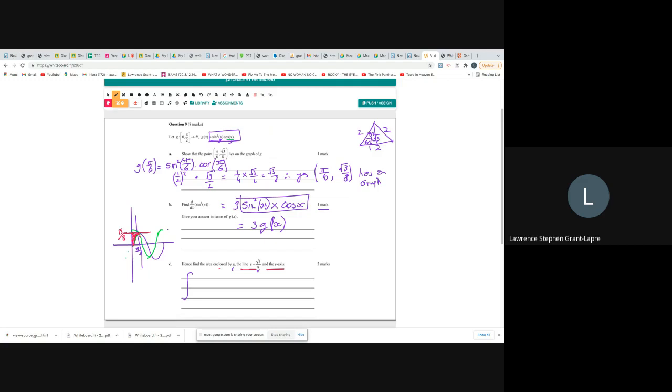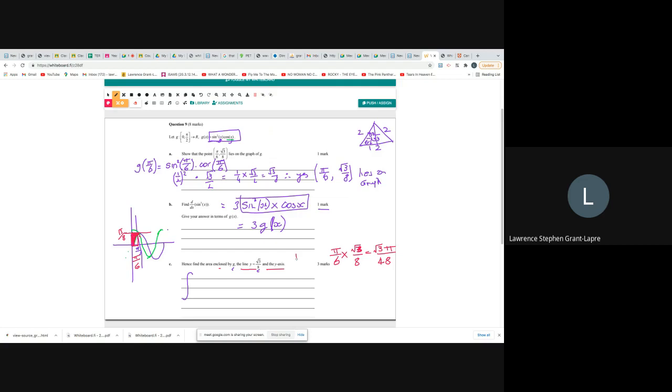All right, if you get this rectangle, and it's pi over 6 wide, and it's root 3 over 8 high, then you've got root 3 pi over 48.